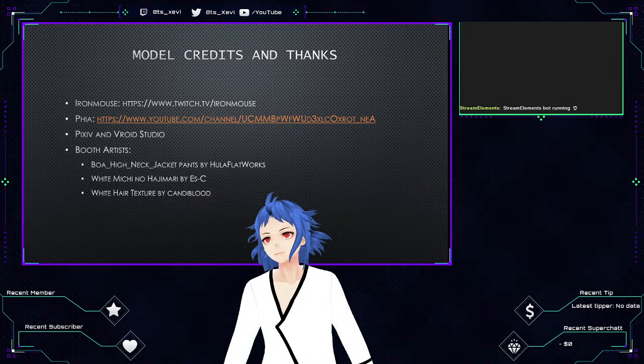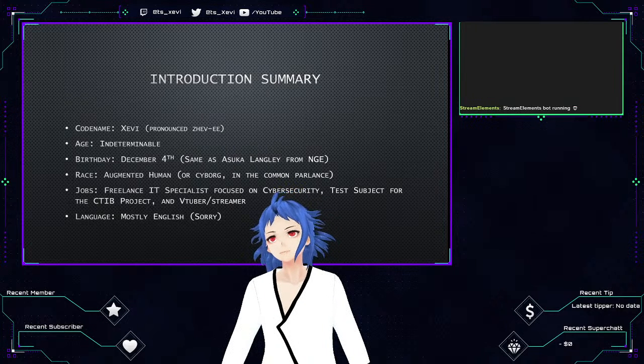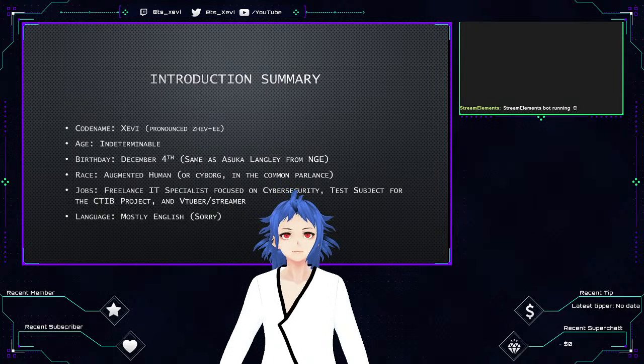Next slide. As I said before, my code name, while I'm associated with the CTIB project, will be Xevi, which is the pronunciation that I've posted here.